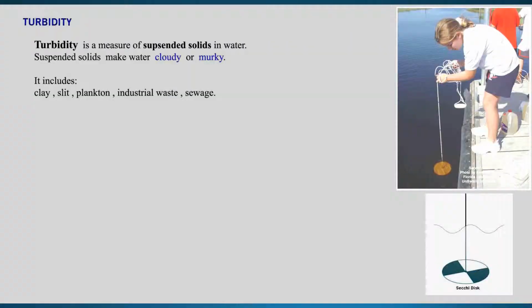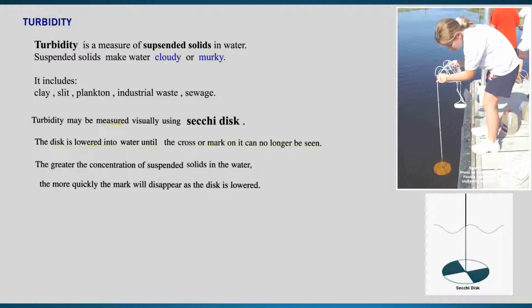Turbidity measures all the big particles, suspended solids in water, that make the water murky and cloudy. These suspended solids are usually clay, slate, plankton, or some industrial waste or sewage. We use a Secchi disk, as in the picture. You lower the disk into the water and note the mark when it can no longer be seen.